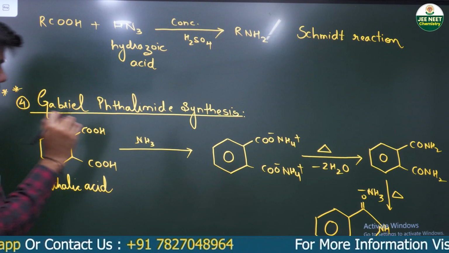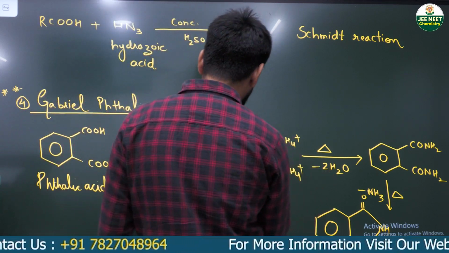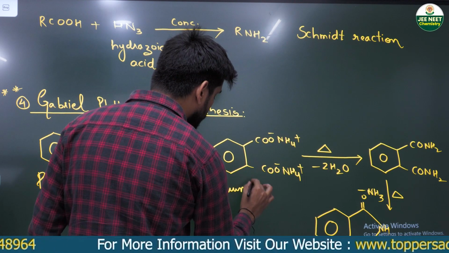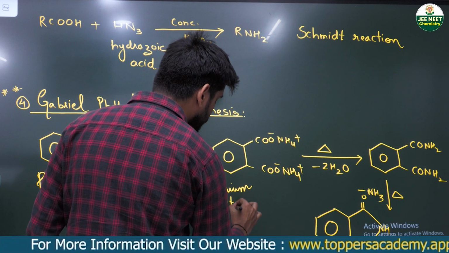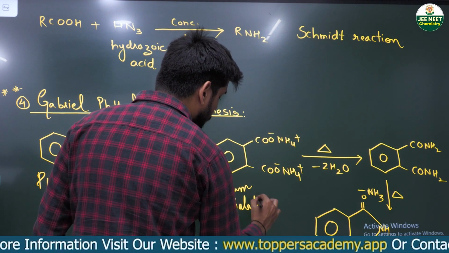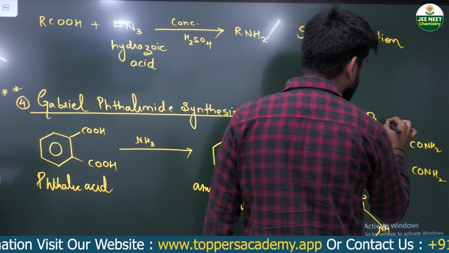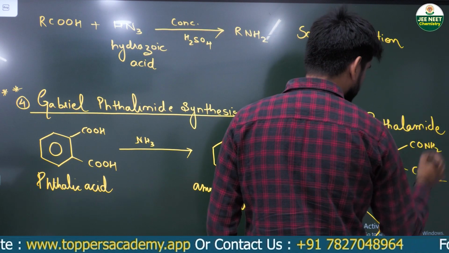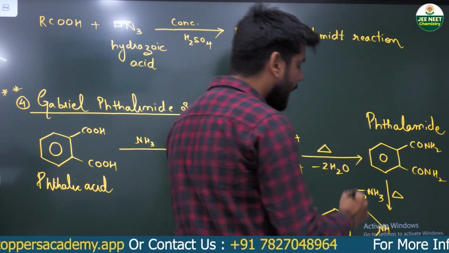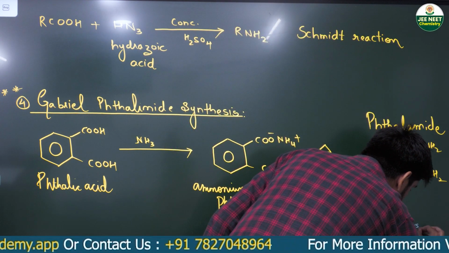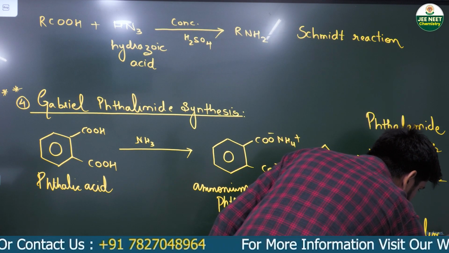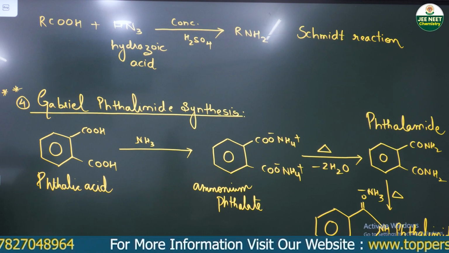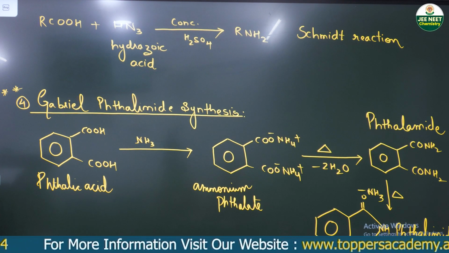This is your ammonium phthalate. This is phthalamide. And this is the reactant that we require, phthalimide. This is your phthalimide. Is that okay? So this is Gabriel phthalimide synthesis. Clear? Now let us discuss the reaction.